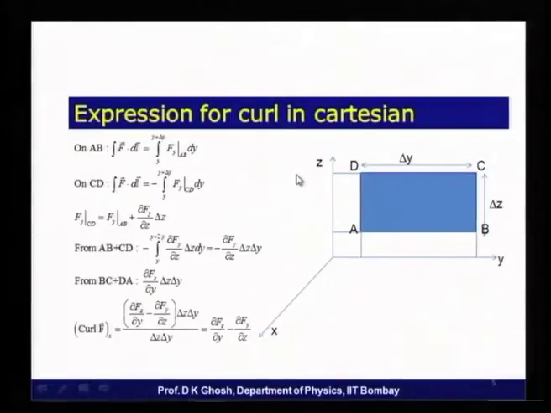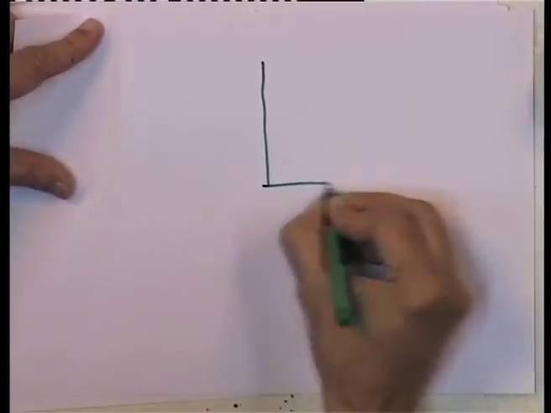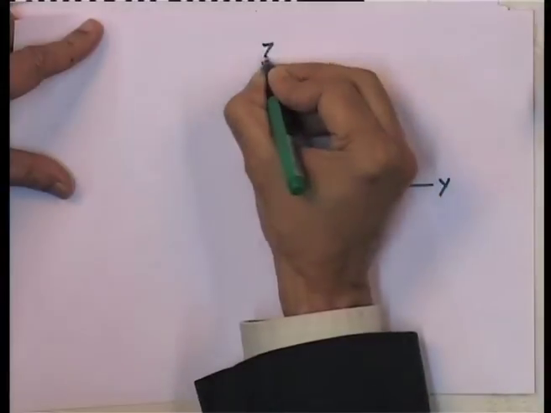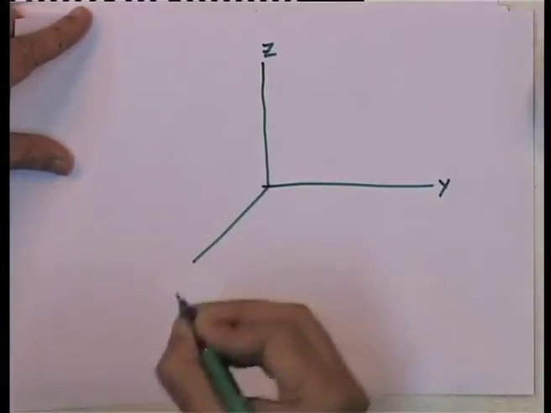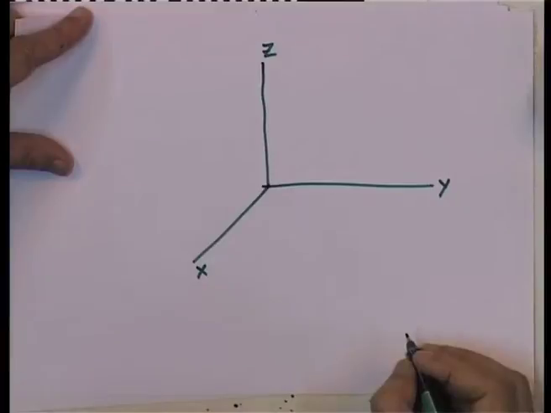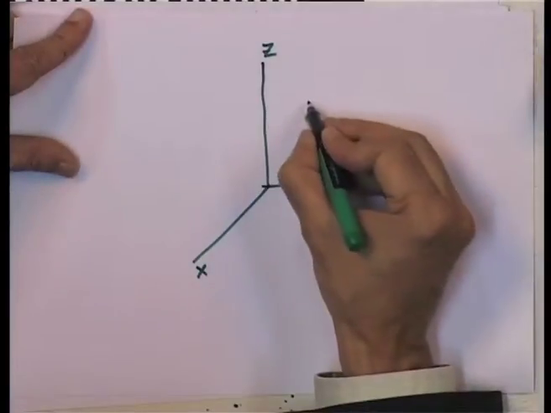So, let me repeat that here. This is my y direction, z direction, and of course, the x direction is out of the plane of the paper, and I have taken a small rectangle.